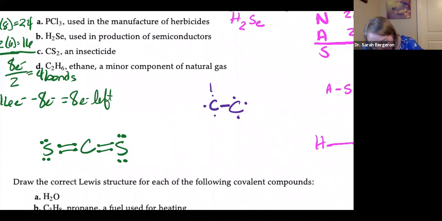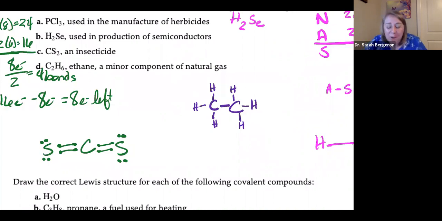A hydrogen has an electron it can share, and we just keep doing this. Now we're going to change those dots into bonds, so let's erase those dots and turn them into bonds. And that gives you your structure.